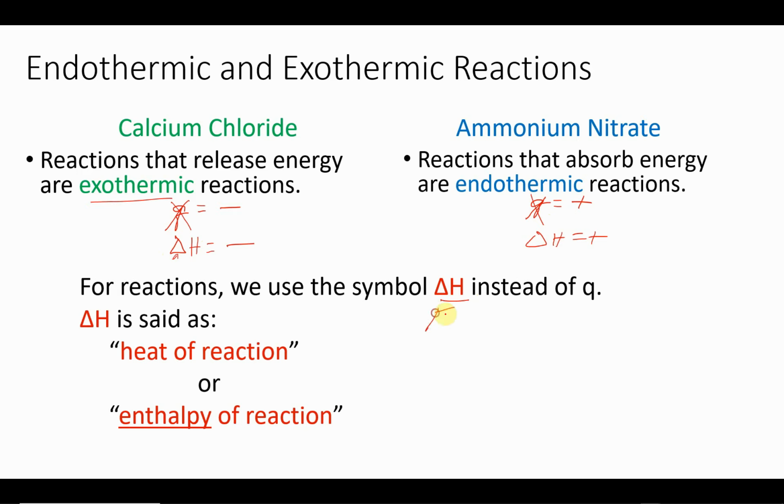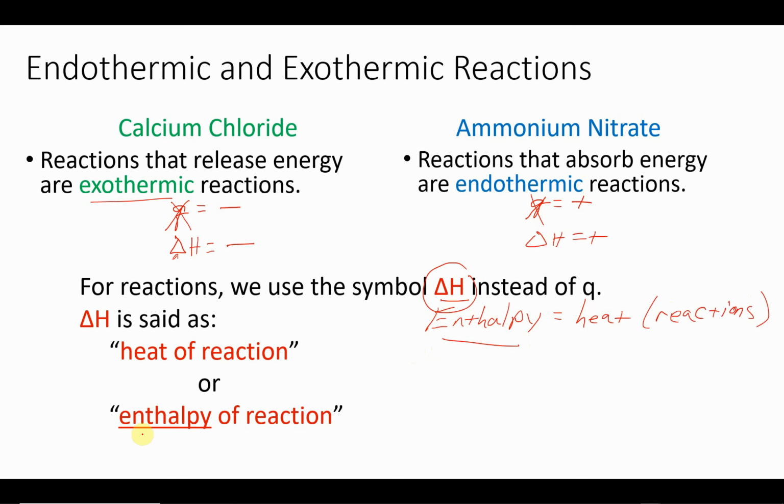Delta H is the symbol for enthalpy. And all enthalpy is heat, except it's heat as it's applied to reactions. So if you're not just talking about a hot object, if you're actually talking about a reaction, we say enthalpy. This is the enthalpy or delta H of the reaction.